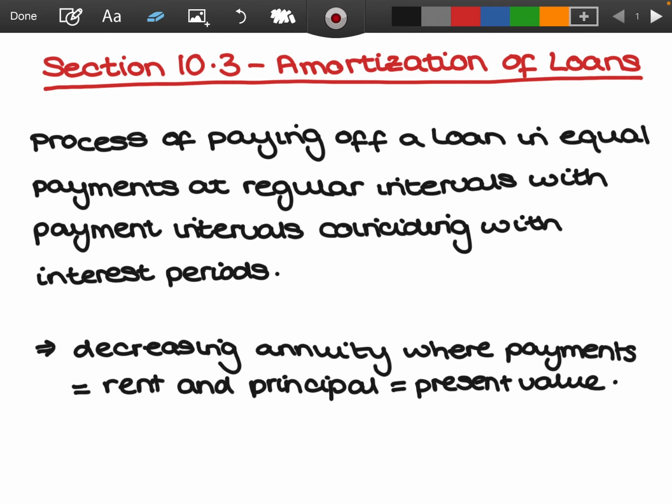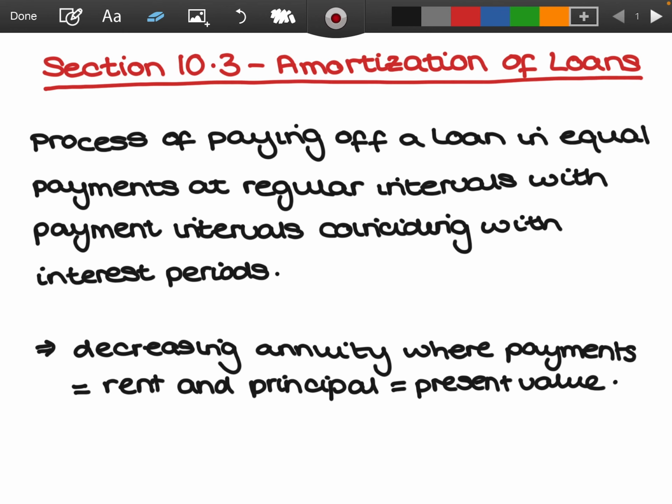So it tells you how much you actually have left that you owe to the bank, but you will have interest on top of that. So principal is just the amount left that you owe the bank plus interest. So that will be that P value that we were looking at when we had the formulas for decreasing annuities. So R will be the payments and P will be the principal value left on the loan when you had N payments left to make.